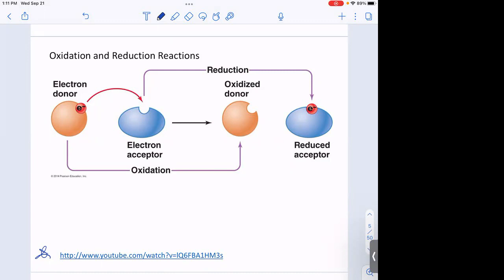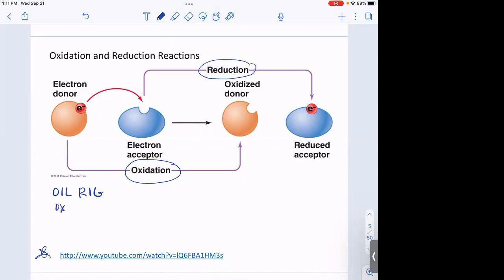When a molecule loses an electron, we say that it's oxidized. When a molecule gains an electron, we say that it's reduced. You could think about the net negative charge as being reduced, possibly. But I know it's weird that when you gain something, it's actually reduced. A mnemonic that most of you have probably heard of is OIL RIG.